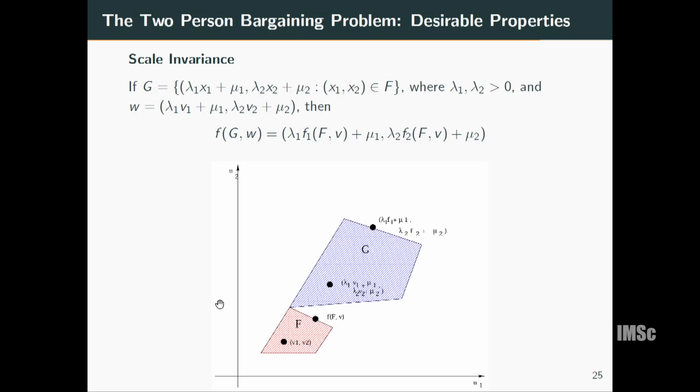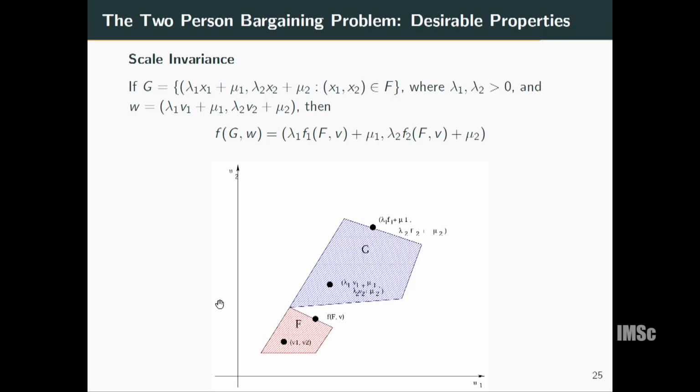Then what should happen? If there exists a solution which is this, it has to be Pareto optimal, so it has to be on this line. Suppose this is the best solution that you find, then this best solution should correspond to the scaled version of the solution here. So, if (x1, x2) is the solution here, then (lambda 1 x1 plus mu 1, lambda 2 x2 plus mu 2) should be the solution here.